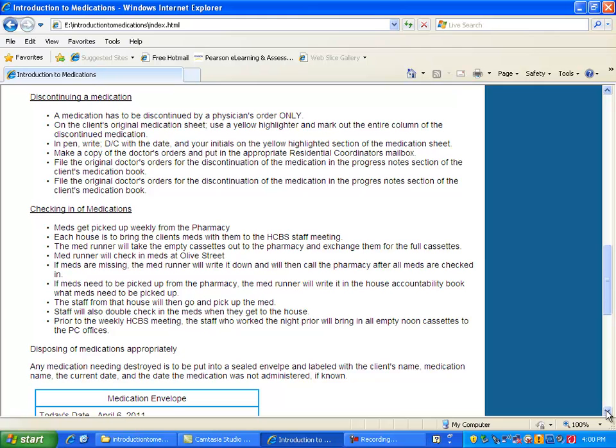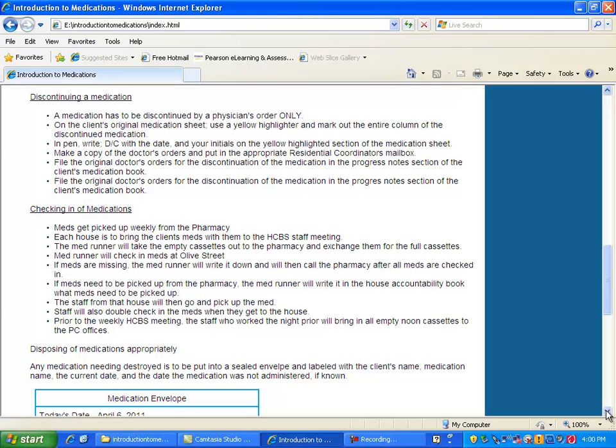Make a copy of the doctor's orders and then put this copy in the appropriate residential coordinator's mailbox. File the original doctor's orders for the discontinue of the medication in the progress notes section of the client's medication book. Let's look at the policy for checking in of medications.